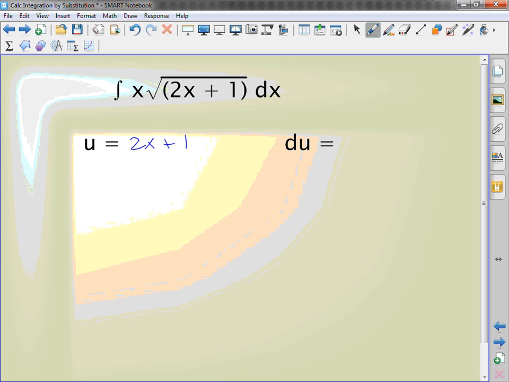Now what's the derivative of 2x plus 1? 2 dx. Now what do I need to do? U to the 1/2. Did I get rid of the x?